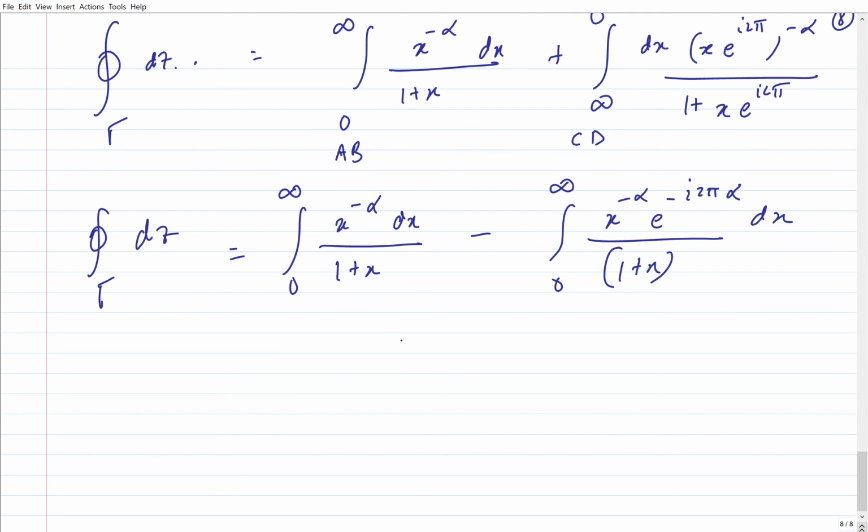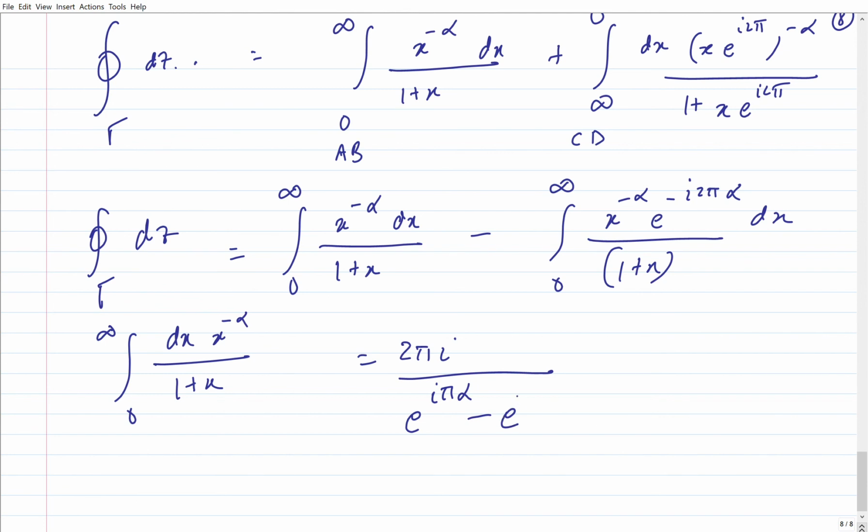And when the smoke clears, you will get this guy, the integral, which is nothing but pi cosecant pi alpha. So that was the concept of avoiding a multi-valued complex function, introducing a branch cut, and application of branch cuts to contour integration. Okay, thank you.